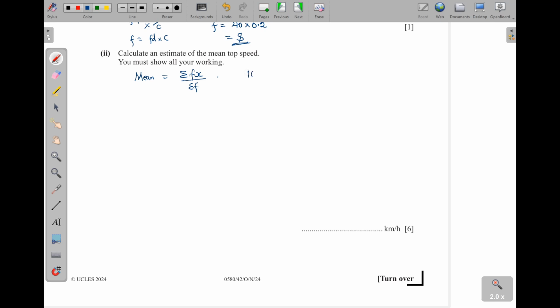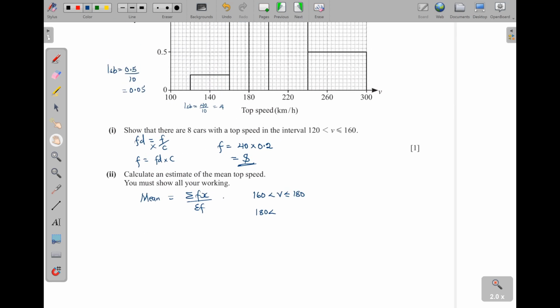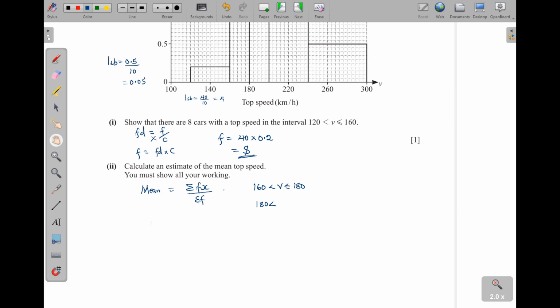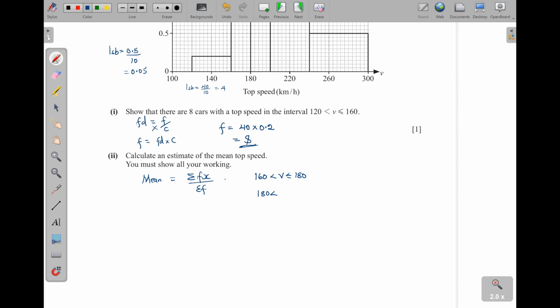Let's look at the one for 160 to 180. Then we have 180 to 200.